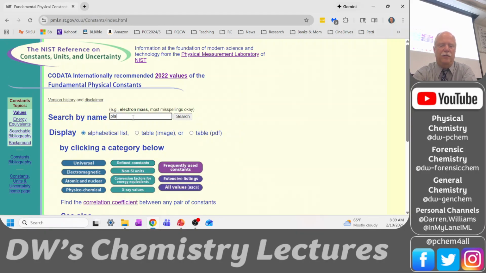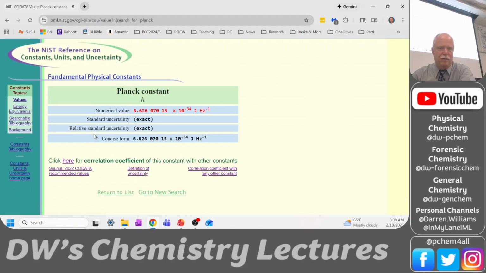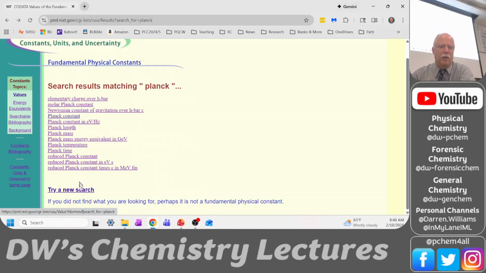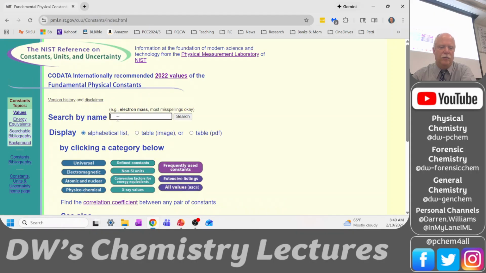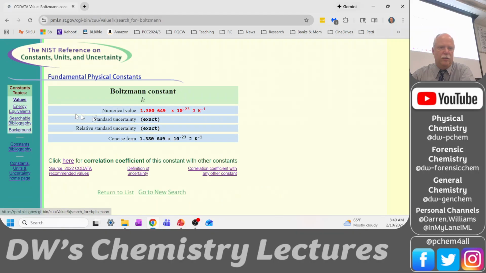Planck's constant. Let's see. Ah, it's defined also. That's Boltzmann. Yeah, it might be. Trying to search. Boltzmann constant.